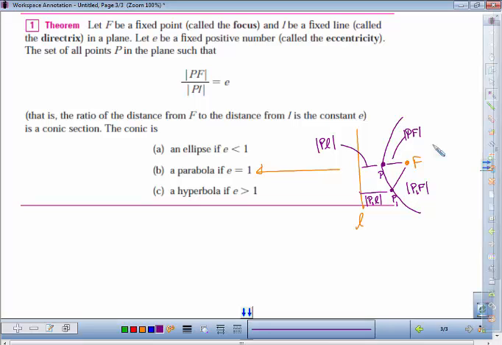All right, let's jump to the ellipse picture now and see if we can get an idea of how this thing might look. Again, we'll start off with a line we'll call L and a point that we'll call F. And so let's fix an eccentricity; we want a number that's less than 1. Let's pick 1/2. That seems to be easy. Let's say e is equal to 1/2 here.